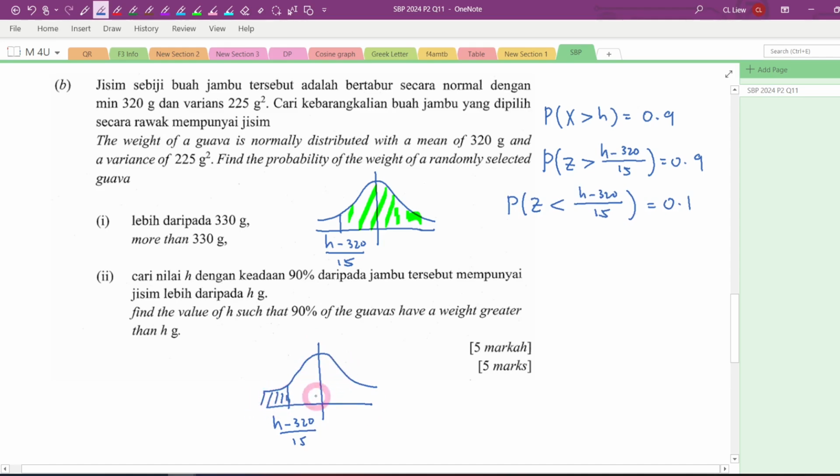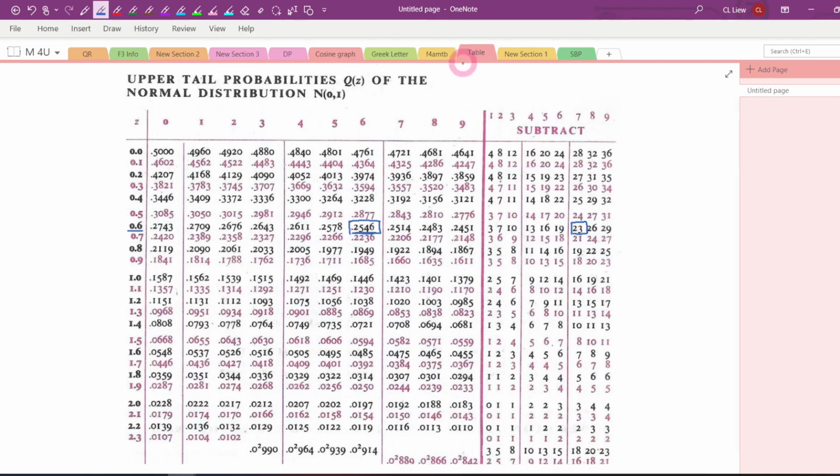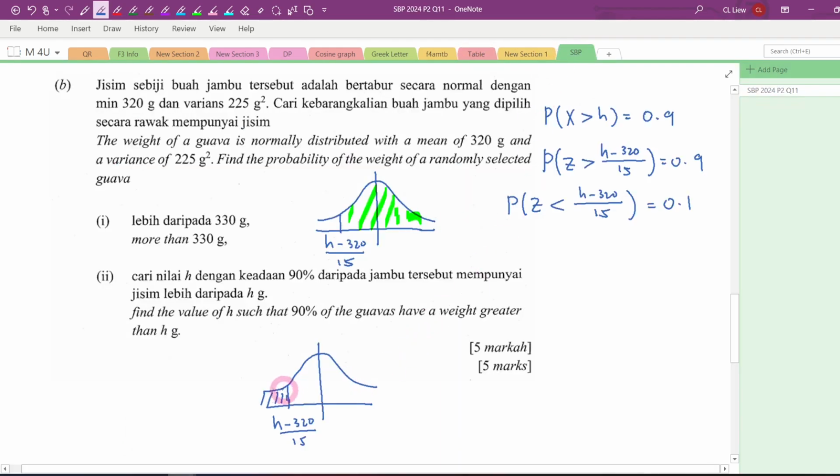So here is 0.9, this is 0.1. But for our table, we always need to find greater than, right? I mean this table. I hope that you still remember how to use this one. So what I'm going to do is, this part I can move to the other side, become here. And I'm going to change the position between these two numbers, 320 minus h divided by 15.